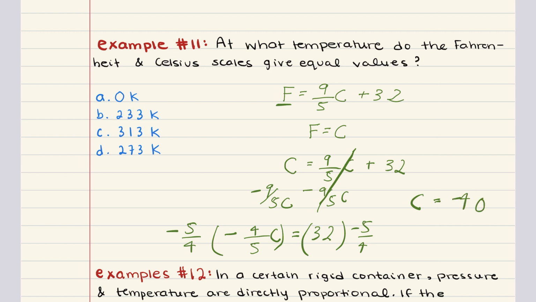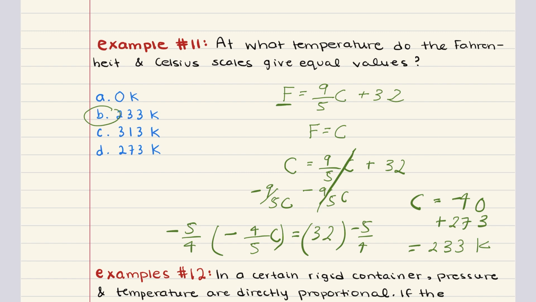Now, this temperature doesn't match any of our answer choices because our answer choices are in Kelvin. So we need to go ahead and convert this temperature to Kelvin. So this is our Celsius temperature. To convert it to Kelvin, we simply need to add 273. This gets us 233 Kelvin, which matches answer choice B.